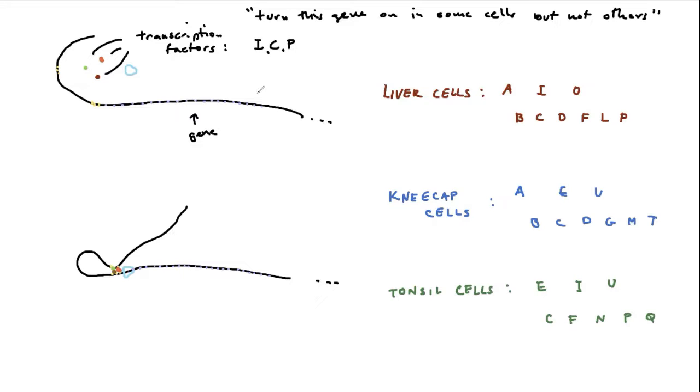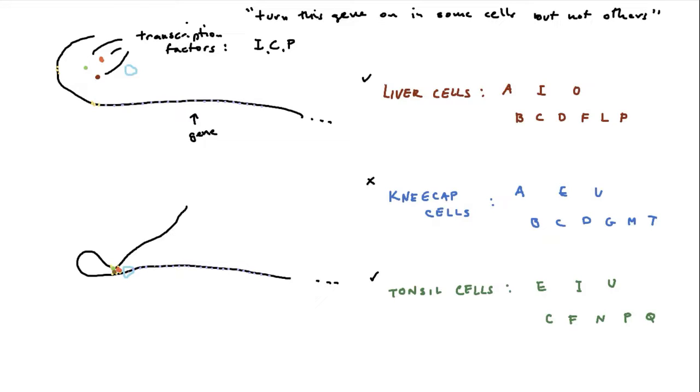ICP. And so if these three transcription factors are required, they would be present in liver cells and in tonsil cells, but not in kneecap cells, right? So kneecap cells are missing the I, they're missing the P, and so kneecap cells would not have the appropriate combination of transcription factors required to turn on this gene.